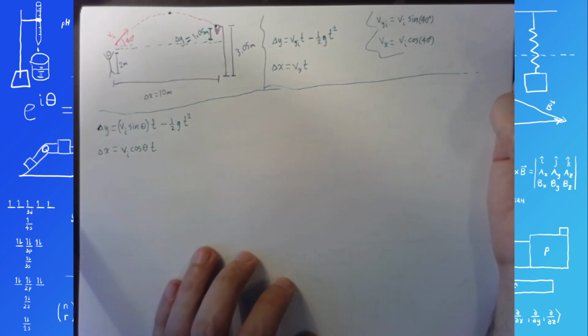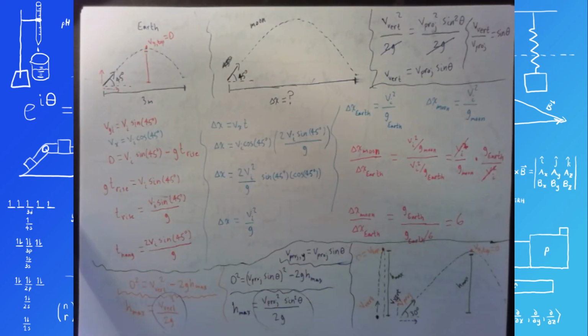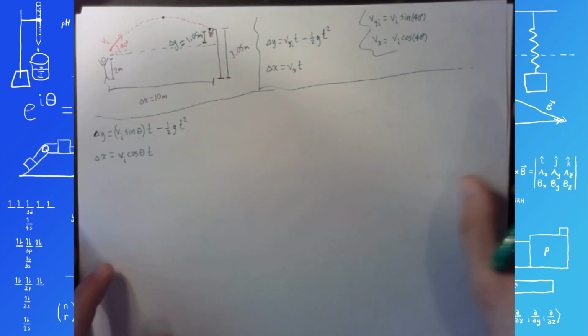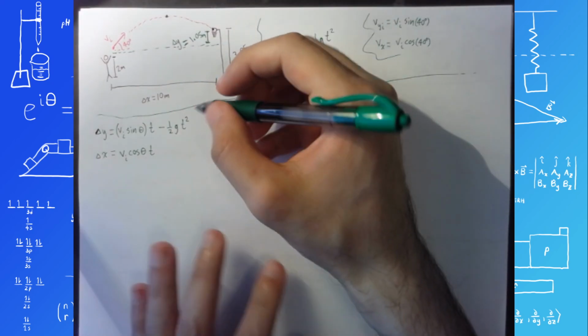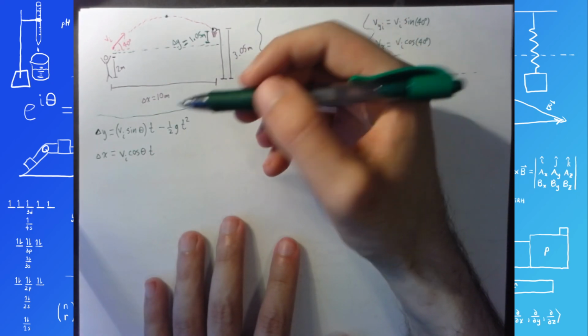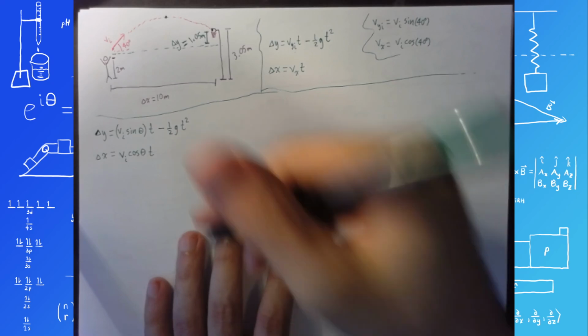I'm not plugging in the numbers I have because I want to derive an equation here, very much like what I did with the previous two problems. I'm trying to practice what I'm preaching here. So if I have two equations and two unknowns, my options are substitution, graphing, or elimination. Elimination doesn't look like it's going to work here. So substitution is going to be the way to go because I'm not going to be graphing anything anytime soon.